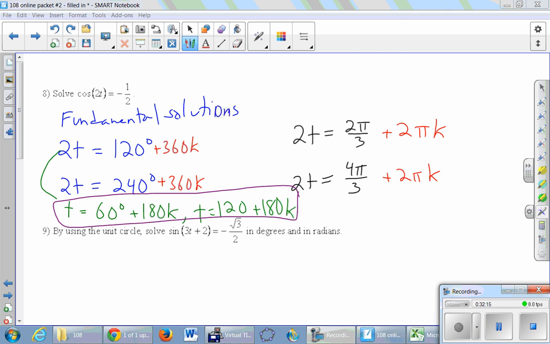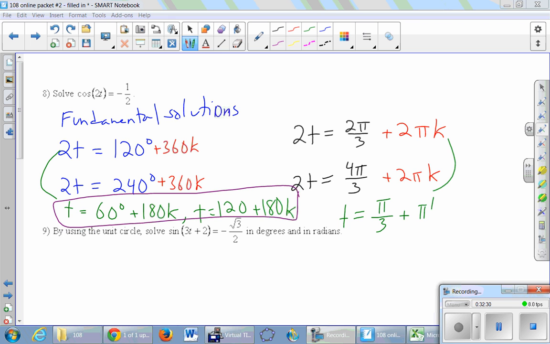And then we'll play the same game in the radian version of things. So we'll divide everything by 2. So divide the 2 pi over 3 by 2, we just get pi over 3. Plus divide 2 pi k by 2, we just get pi k. Or, second equation, divide the first fraction by 2, we get 2 pi over 3, plus divide the 2 pi k by 2, we get pi k.